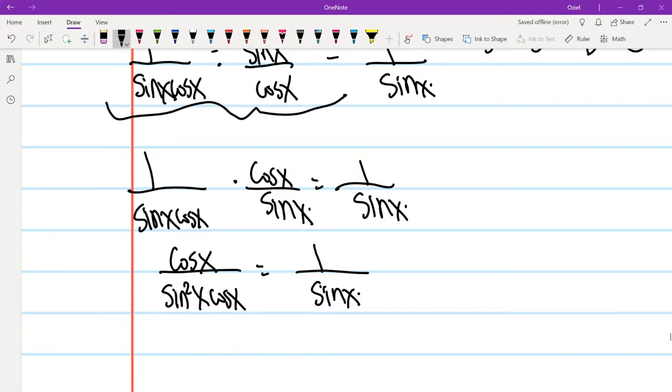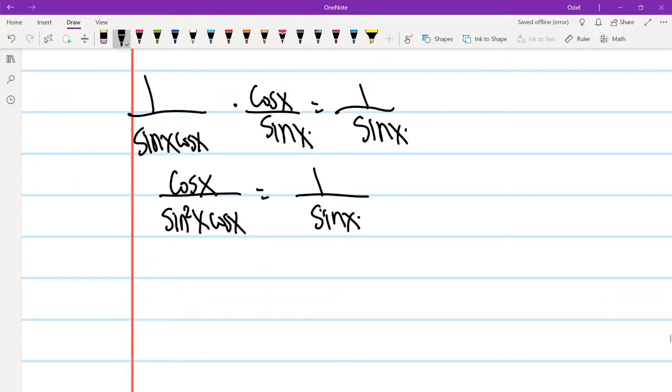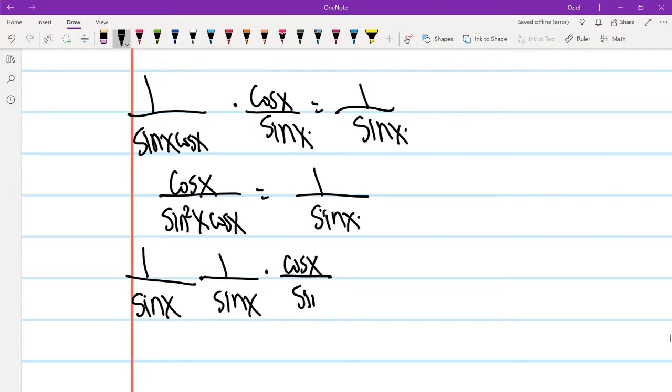So we can go ahead and say 1 over sine of x times 1 over sine of x times cosine of x over sine of x.